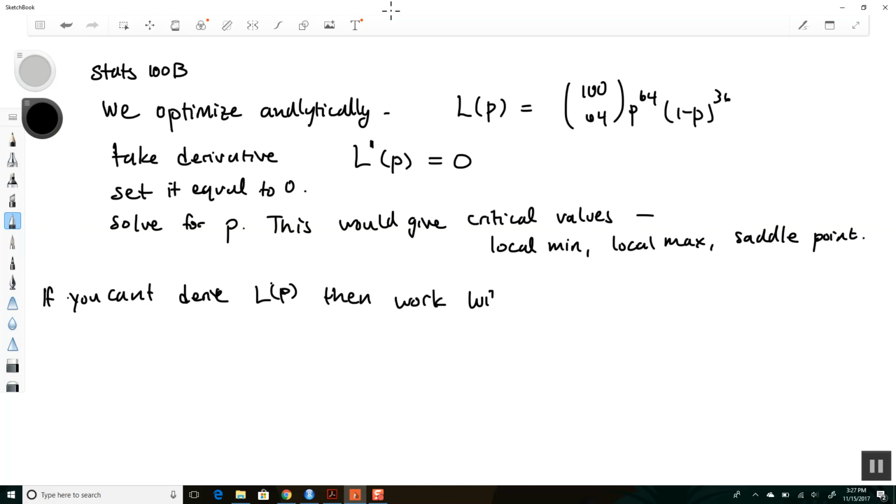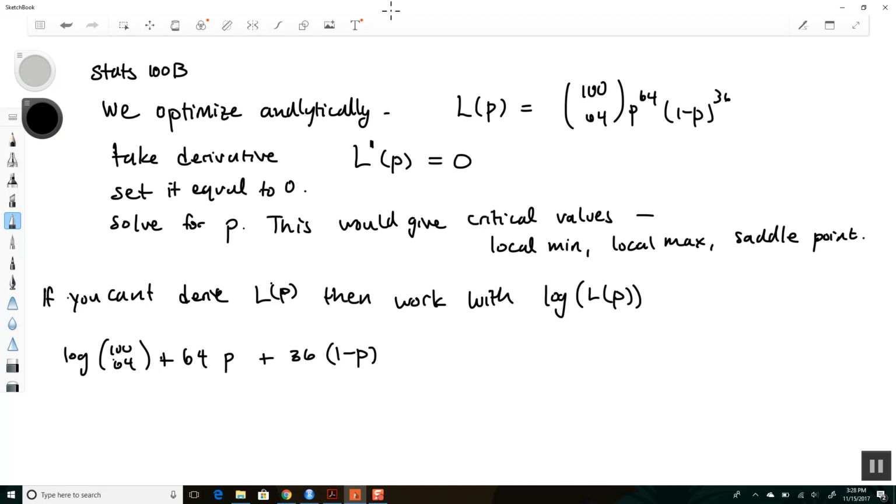work with the log of the likelihood, and you would get log of whatever this is plus 64 times log p, and 36 log of 1 minus p.